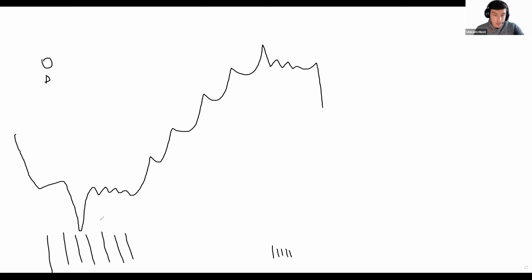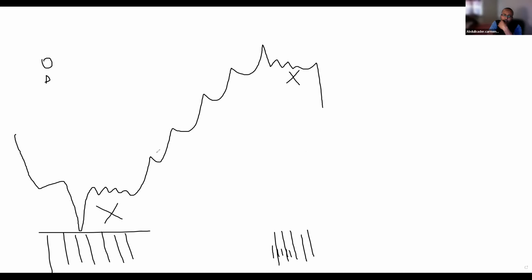For example, if you've got a lot of volume at the bottom and a lot of volume at the top, which means there is a lot of buying pressure and a lot of selling pressure at the top, what this simply means is there's some sort of range.